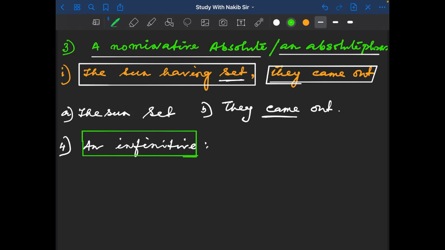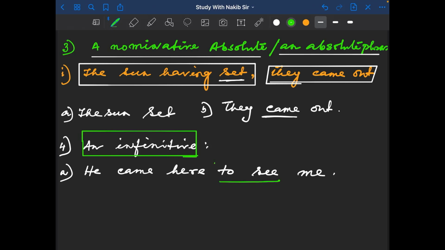Now take one example. See, he came here to see me. Now say, which one is the infinitive? This one is the infinitive.